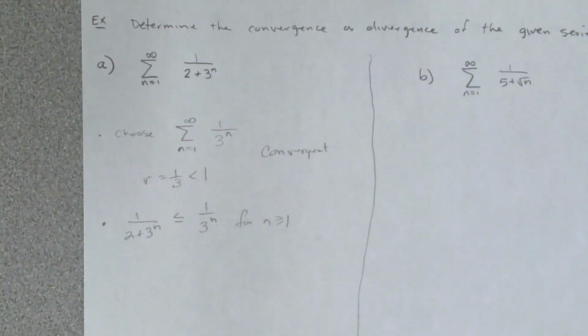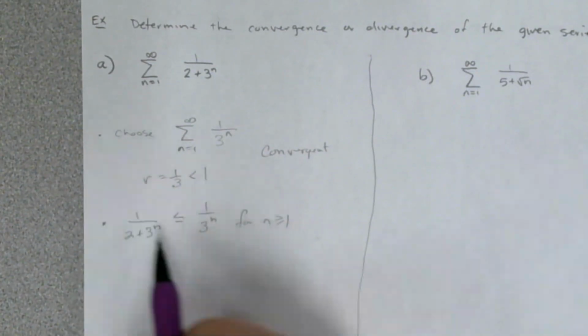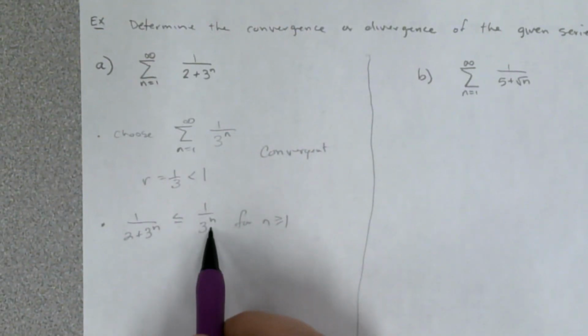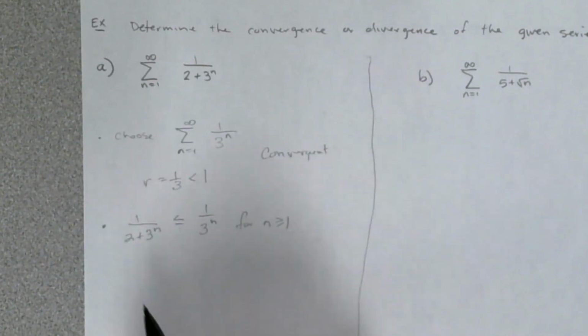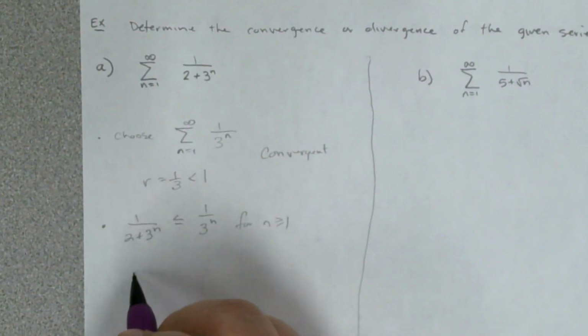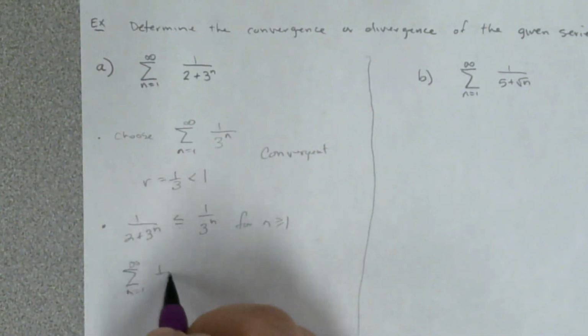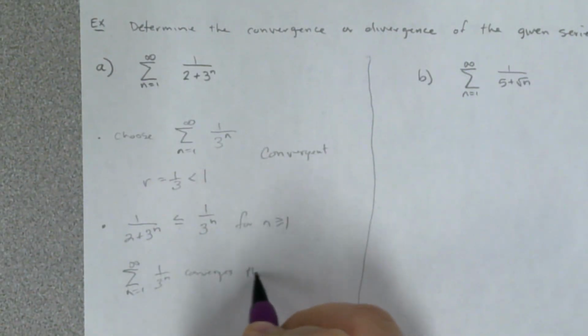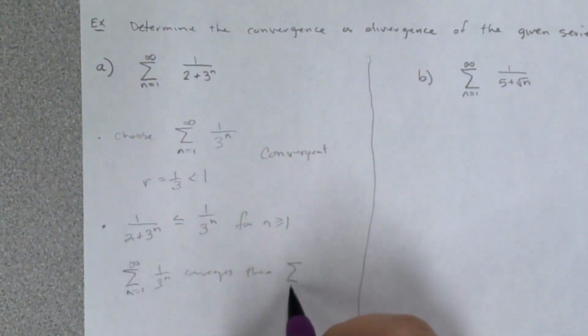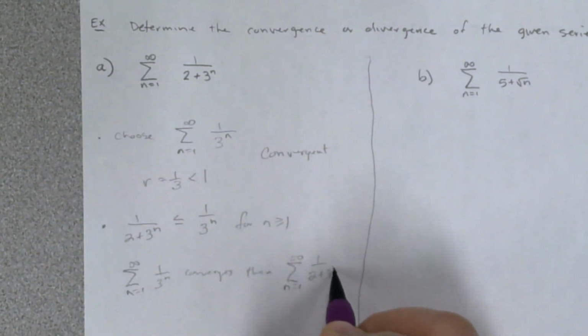So we know our nth term is smaller than this nth term, and we know that this series here converges. Because the summation n equals 1 to infinity of 1 over 3 to the n converges, I know that this one of 1 over 2 plus 3 to the n also converges.